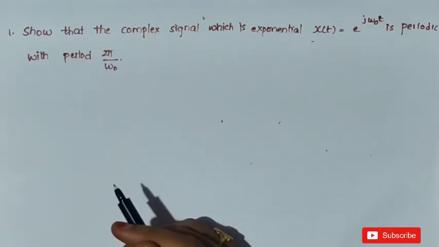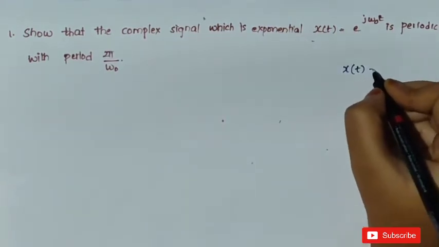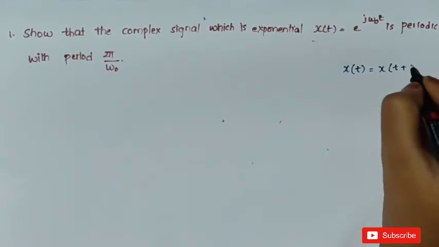So the condition for a periodic signal is x of t is equal to x of t plus T. We need to remember this.